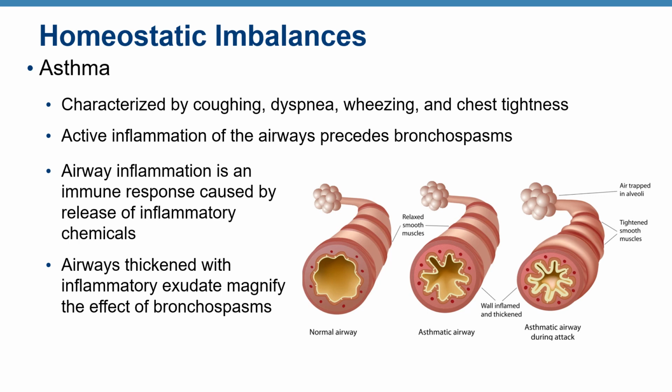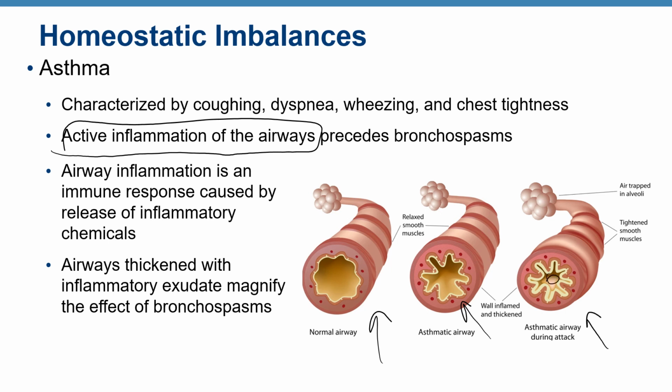So asthma is another example of the respiratory diseases. It's characterized by coughing, dyspnea, wheezing, and chest tightness. And we actually have active inflammation of the airways that precedes the bronchospasm. So you see in this picture normal airways, then we have some inflammation, right, an asthmatic airway, and then when we have a spasm, you see how small this lumen is, and because the lumen is small, the air is trapped in the alveoli.